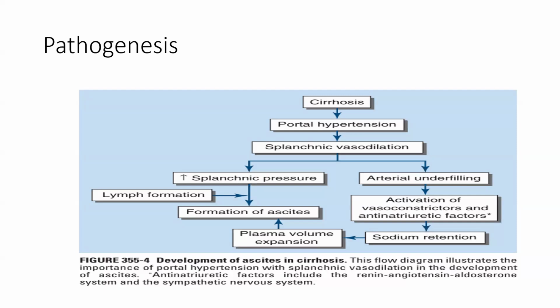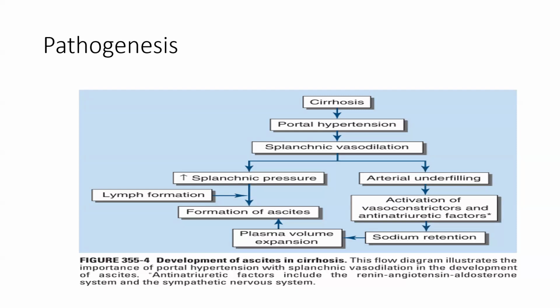Because of this portal hypertension, there is reflex splanchnic vasodilatation. Since there is vasodilatation, there is an increase in the splanchnic pressure, which causes lymph formation, and that leads to ascites. Another result of this splanchnic vasodilatation is arterial underfilling.